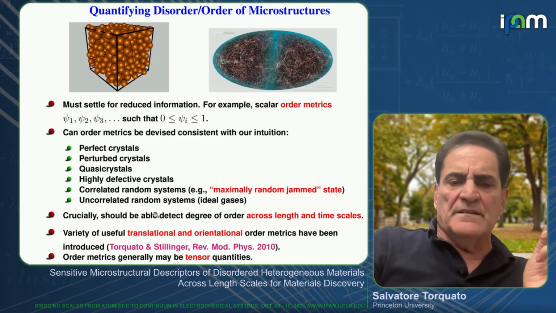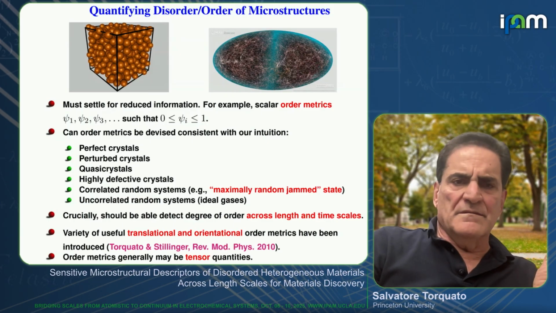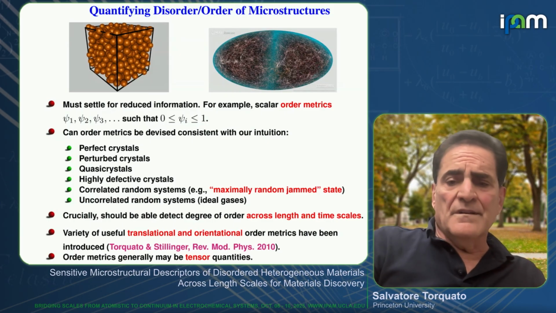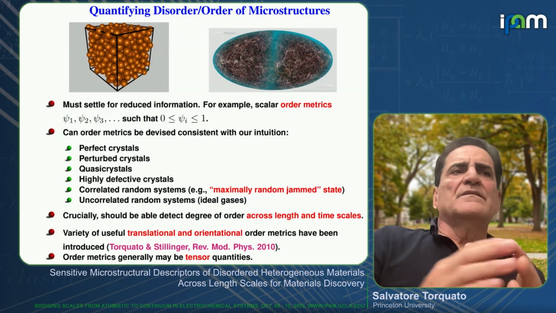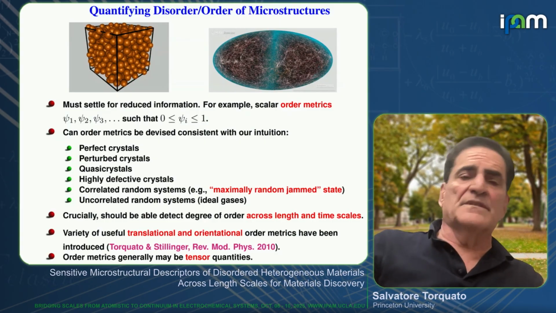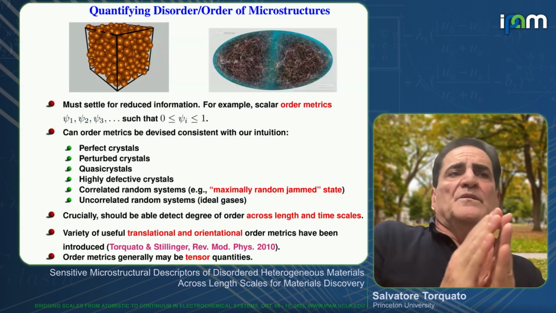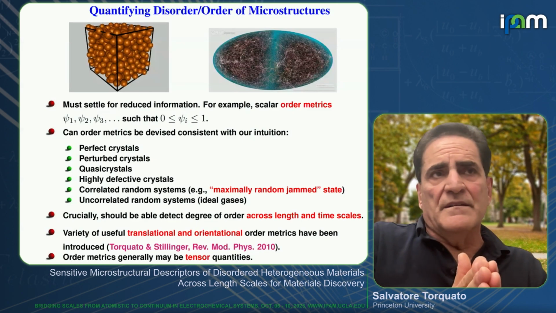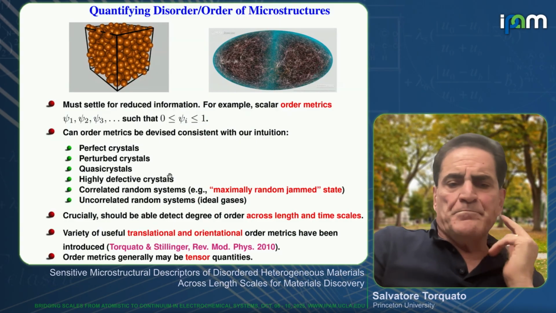Now, importantly, you want to be able to detect the degree of order or disorder across length scales and time scales, right? So you don't want just to talk about the large scale structure, which I have focused on in the case of hyperuniformity. You really want to be able to focus on all length scales in the system and time scales.